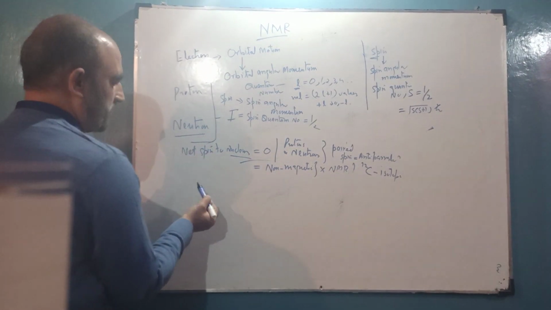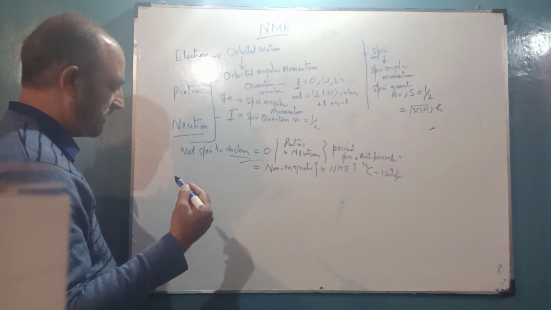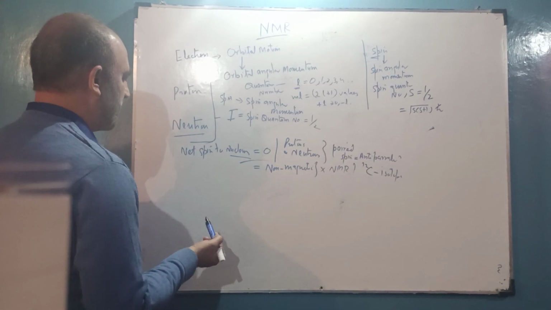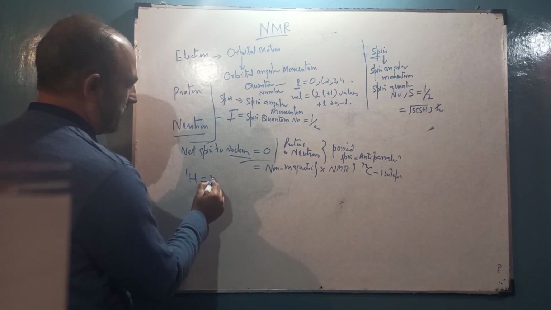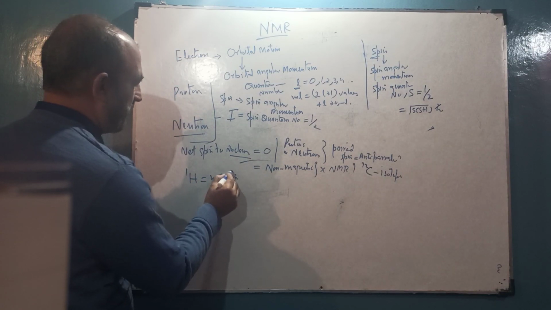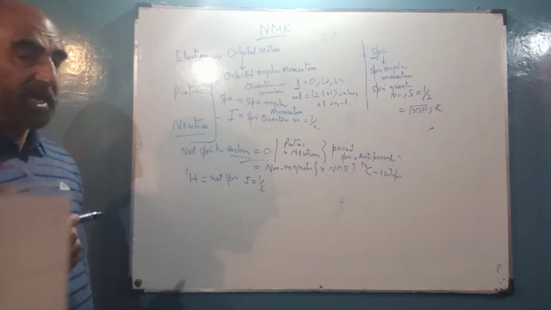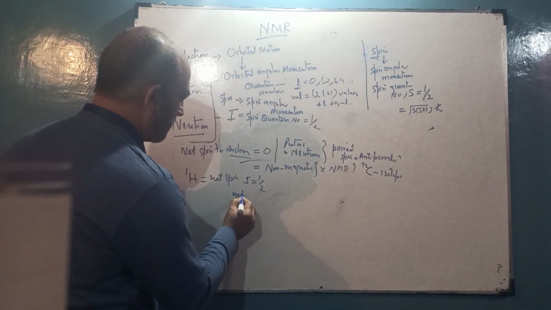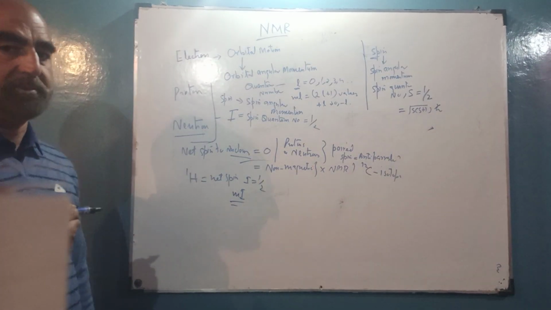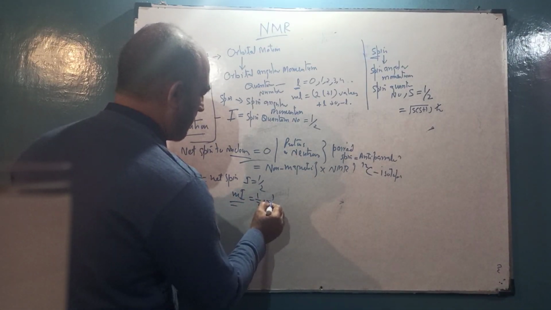But in many of the elements, the nuclei have some net spin. For example, we have hydrogen 1, it has a net spin because there is only one proton and its I value is equal to 1 by 2. Now when the I value is equal to 1 by 2, what will be the mI values? mI is the z component of the I value. mI values will be plus 1 by 2 and minus 1 by 2.